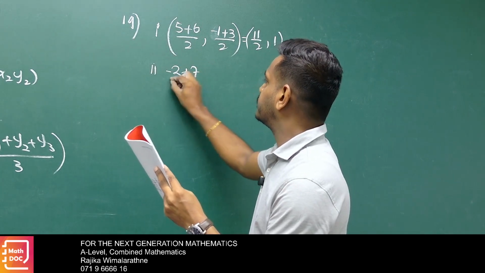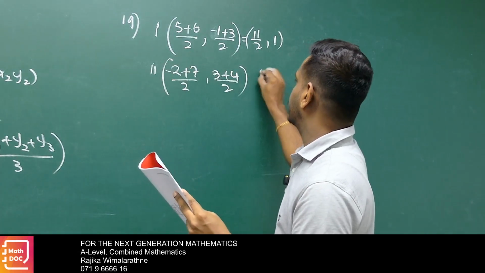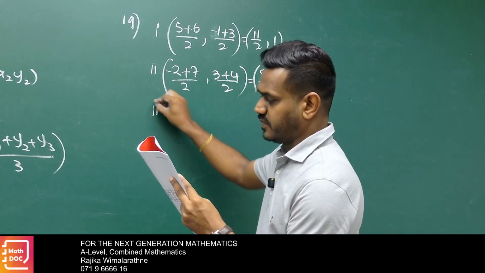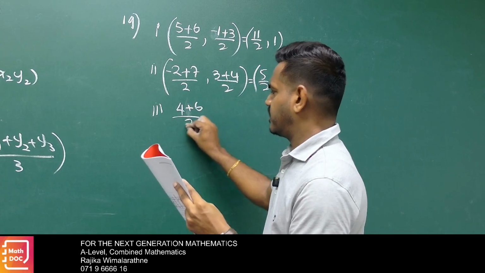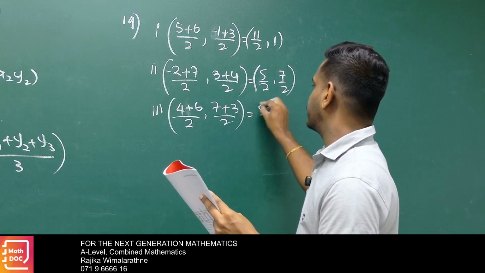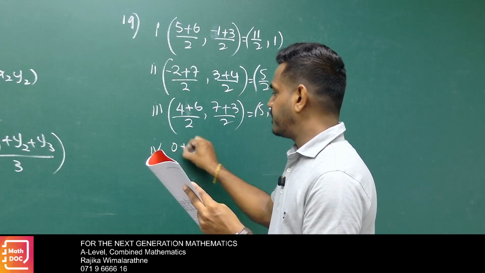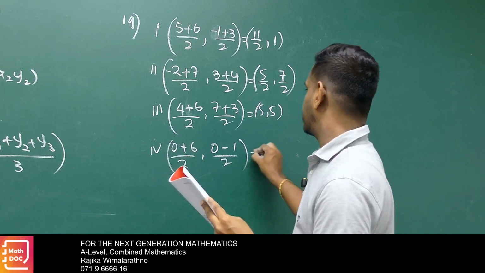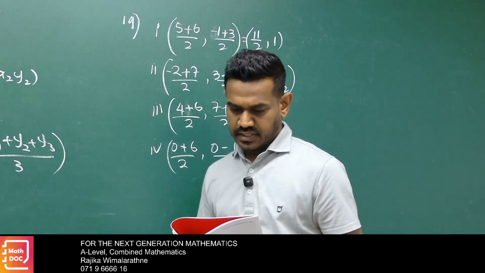(Minus 2 plus 7) over 2, (3 plus 4) over 2: 5 over 2, 7 over 2. (4 plus 6), (7 plus 3) over 2: 5, 5. (0 plus 6) over 2, (0 minus 1) over 2: 3, minus half. Continue.